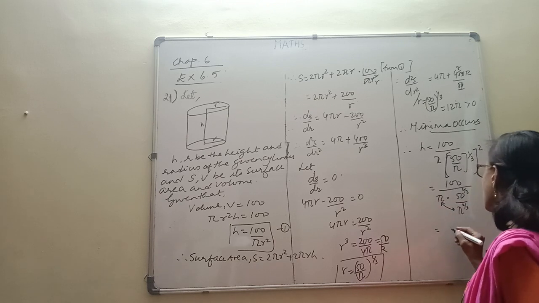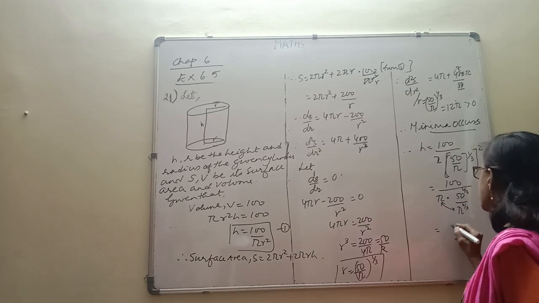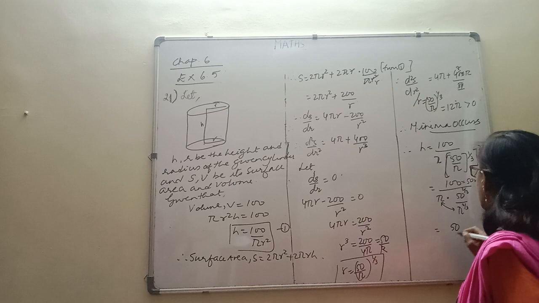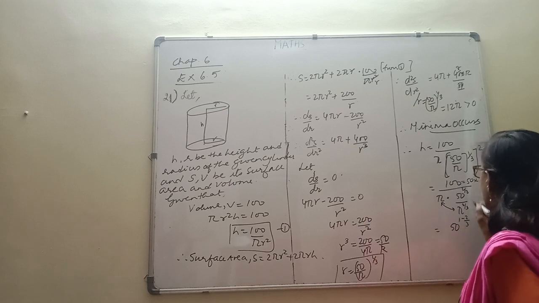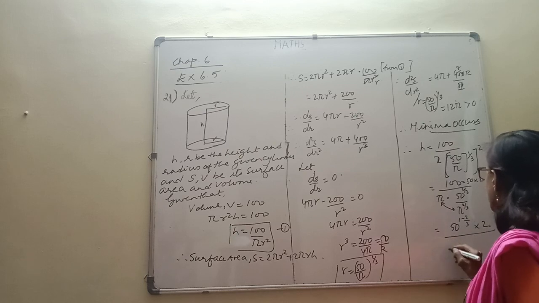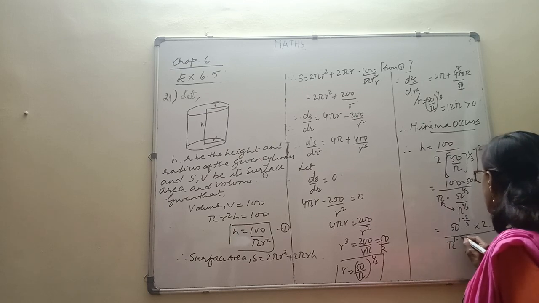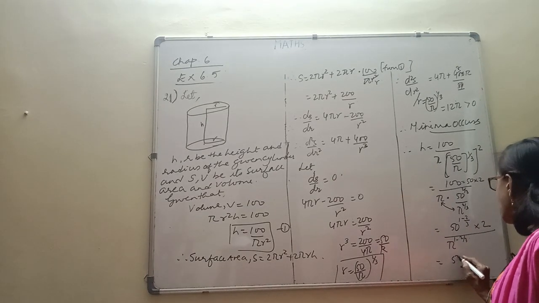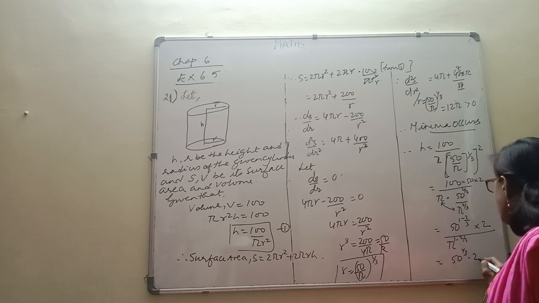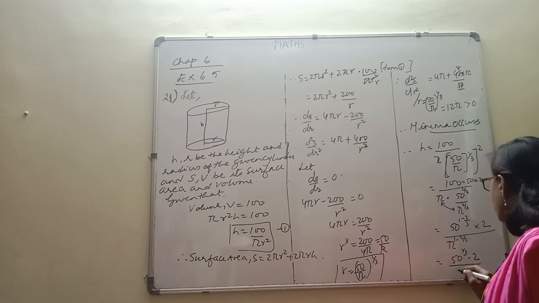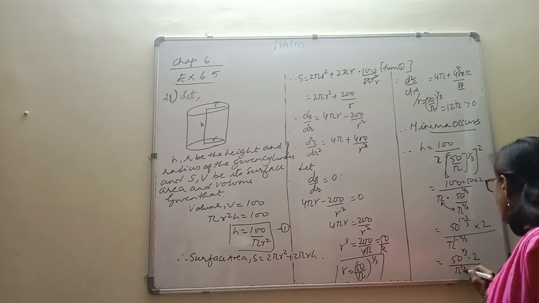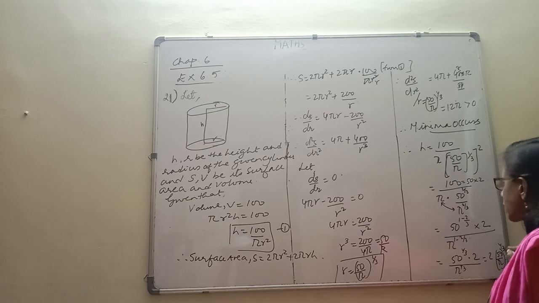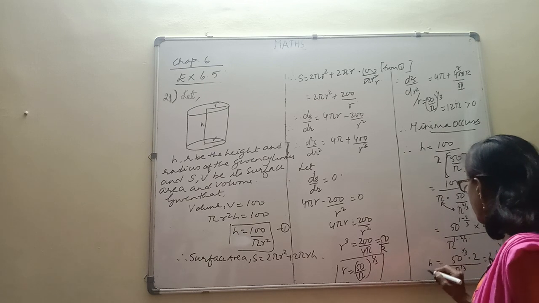So it's going to be pi raised to 1 minus 2 over 3, and 50 raised to 1 minus 2 over 3, and then the 2 of course will be as it is. We have simplified the whole thing. So this will be 50 raised to 1 over 3 times 2 over pi raised to 1 over 3. Or rather it is 2 times 50 over pi raised to 1 over 3. That's your h.